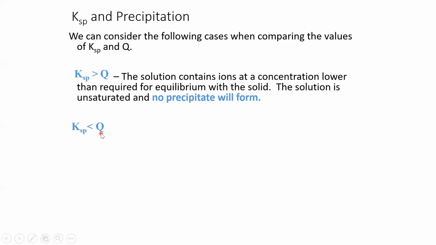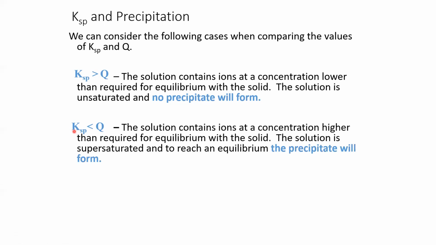If Q is bigger than K, it means that the product of the ions is greater than the maximum that the solution can hold. That means the excess ions will precipitate out.